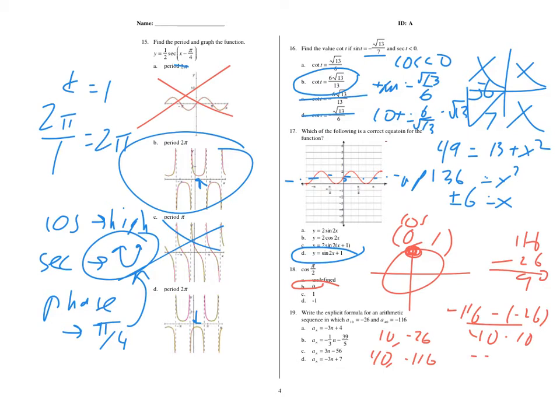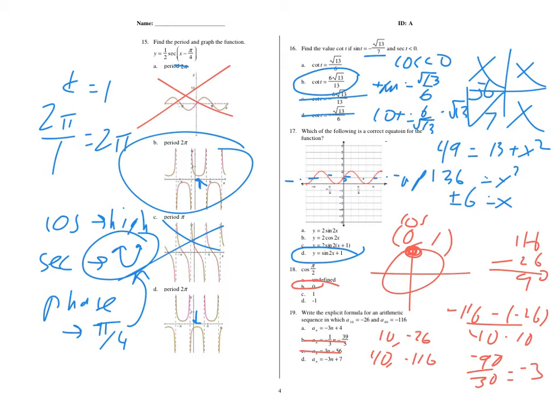90, so that's negative 90 over 30. That's negative 3. And so I already know it's either A or D. And so to find the zeroth term here, what I would do is just think of it like mx plus b.